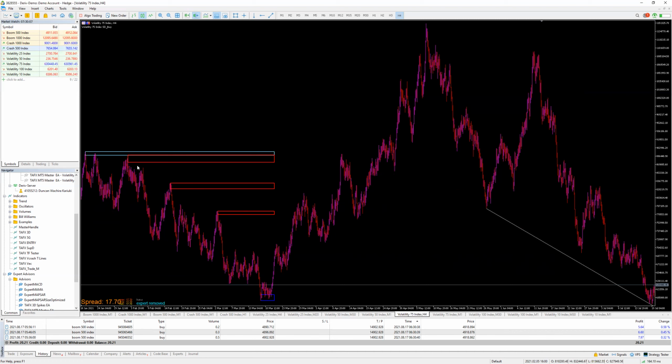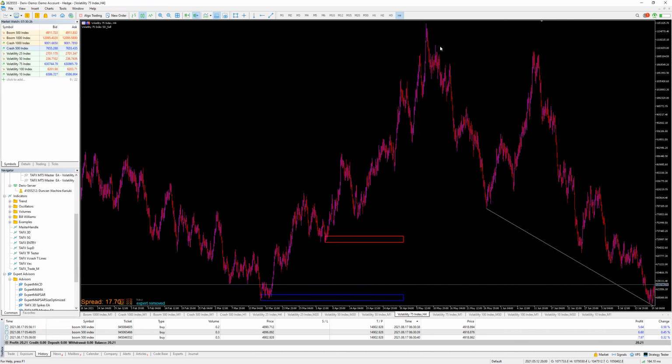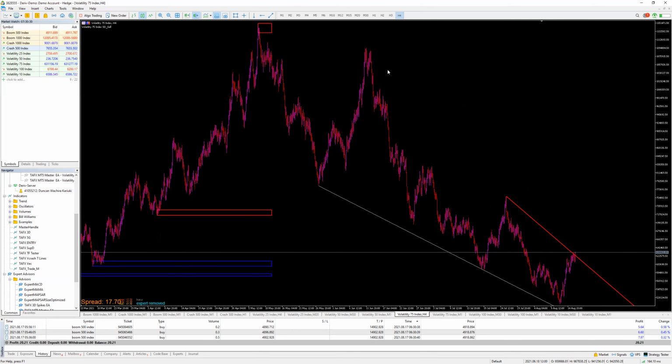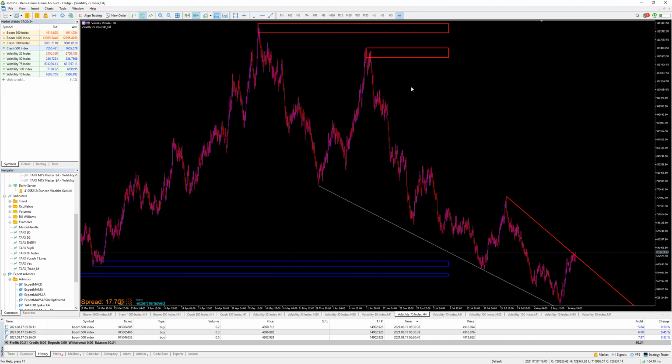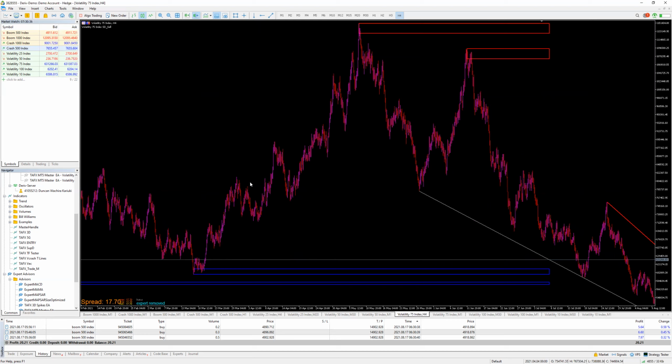It will only identify the resistance, because it is a sell trend until we get a support. That's where the market will change direction, and it won't give another resistance. It will only give support until we get to the end of the trade. Then it will start giving sell resistance again. So that is the best thing, guys.